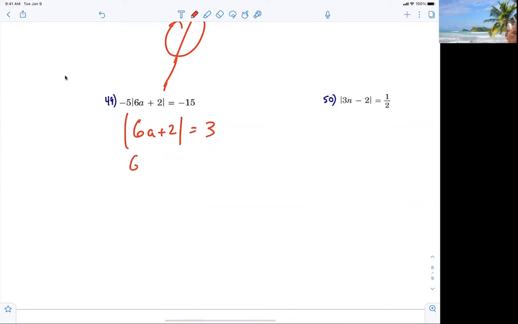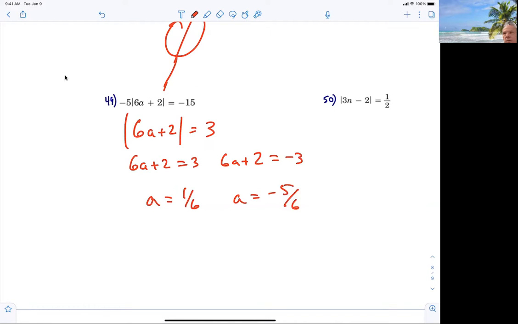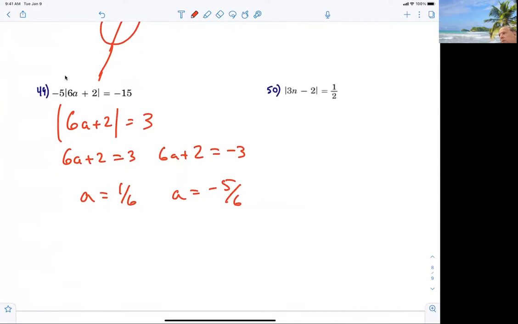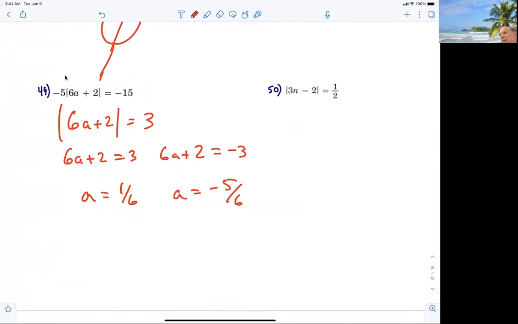So then you can just say 6a plus 2 equals 3, or 6a plus 2 equals -3. So now a is equal to what? And then a is equal to -5/6. Everybody good? Anybody have any issues?